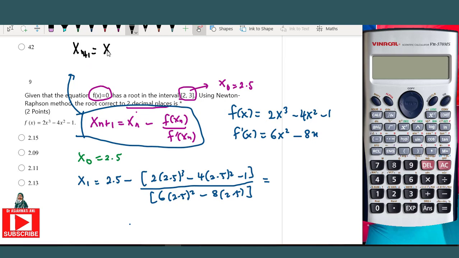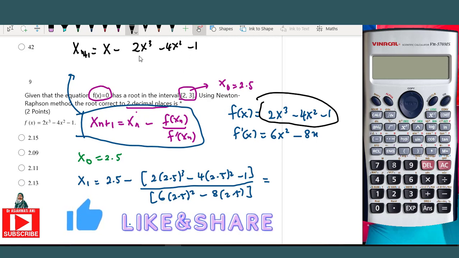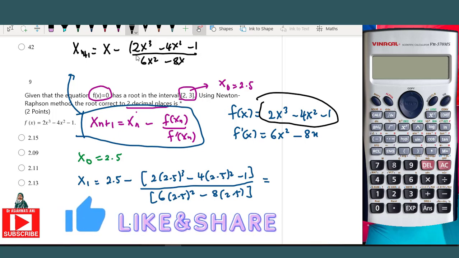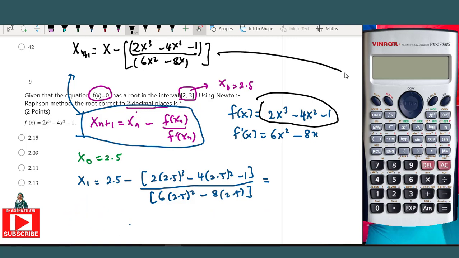X is a variable, so you need to hit the button alpha x minus f x, take this one: 2x cubed minus 4x squared minus 1 over 6x squared minus 8x in the big bracket. Now, in this formula, use the calculator and check to 2 decimal places.